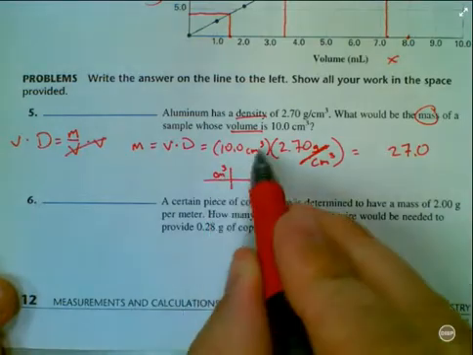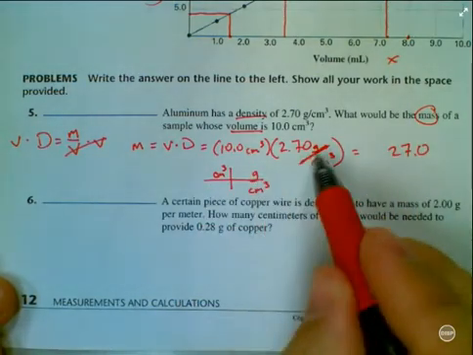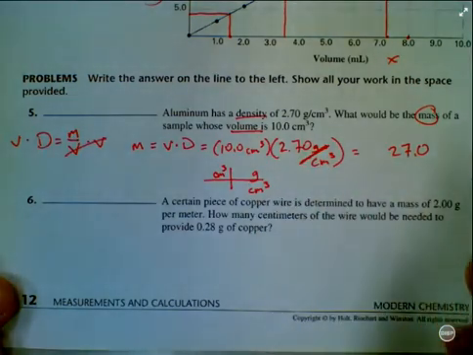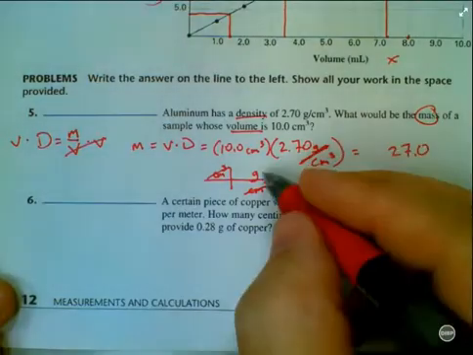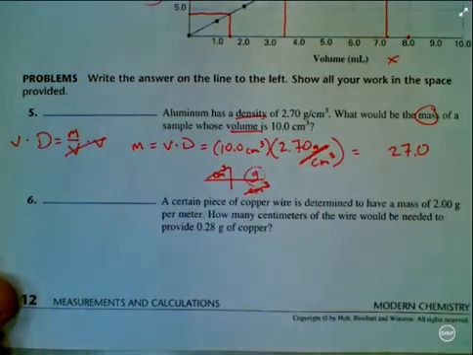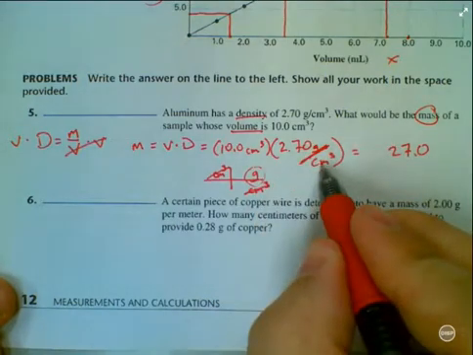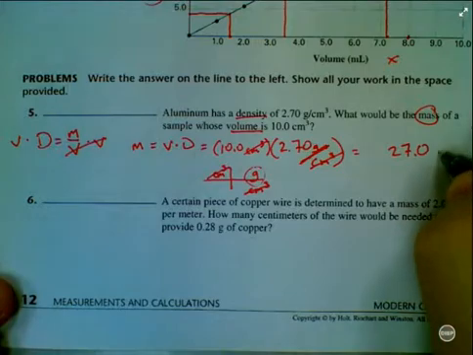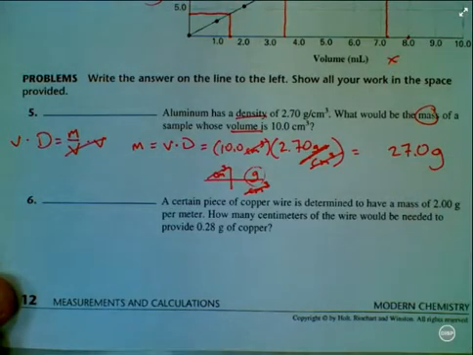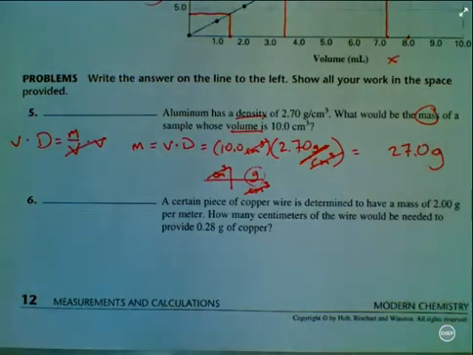I have volume right here on the numerator, I have mass on the numerator, and then I have a volume on the denominator, which is going to allow me to cancel out those volumes, leaving the only unit I have left as grams. And so when I carry out this calculation up here, because I notice that this is a denominator, I get to cancel those volume units, and my only unit left is grams, which is what I want, because didn't the question want me to solve for mass? And the answer is yes.